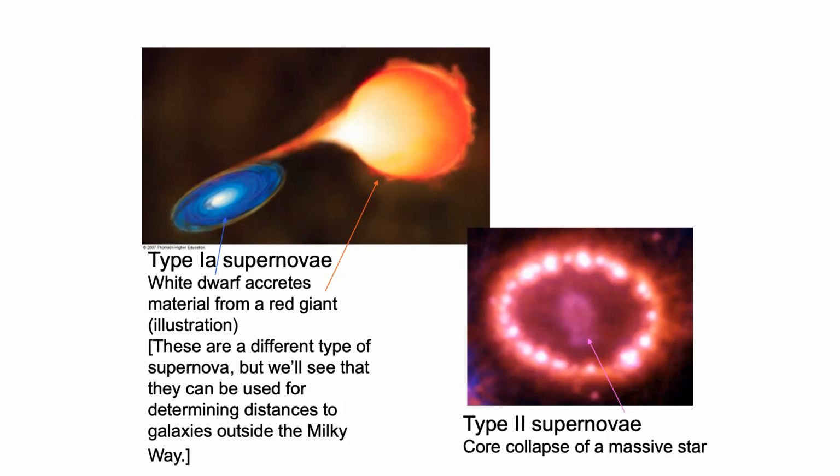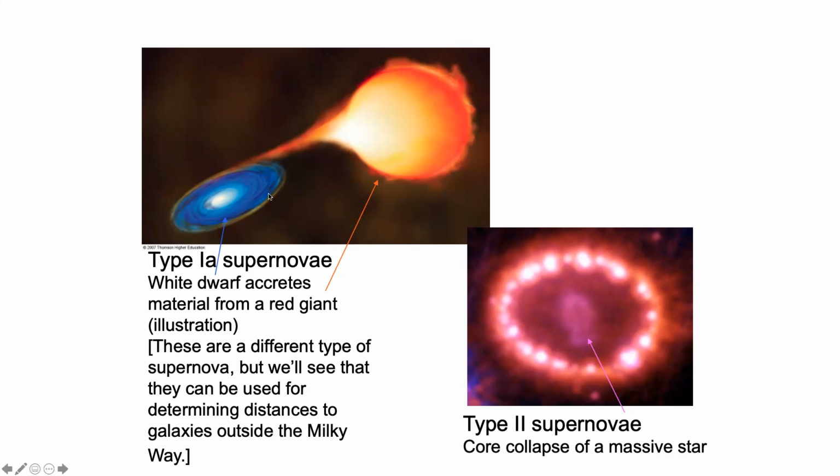And eventually, from this accretion of the material from the red giant, that white dwarf can get hot enough to spark the fusion of carbon. And when that happens, the white dwarf will explode in a supernova.